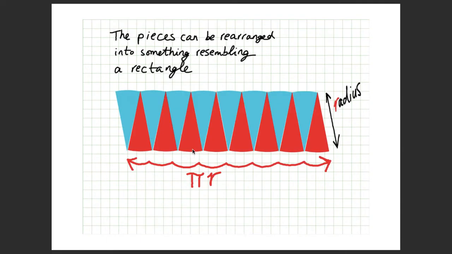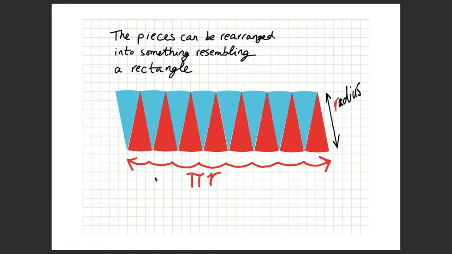Now I can rearrange those parts with all the blues with the curve up pointing downwards and all the reds with the curve down and the sharp bit pointing upwards, and it kind of resembles a rectangle.